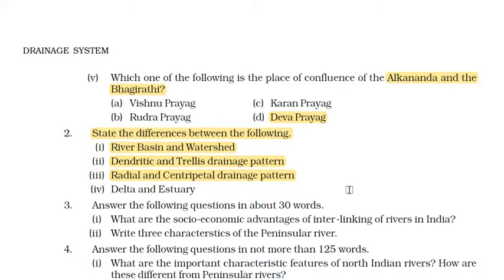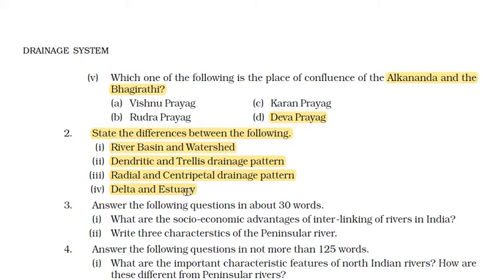Now, this is important, guys: delta and estuary. What is the difference between delta and estuaries? See, delta, you know that it is basically a triangular landmass deposited by the sediments of the rivers at the mouth of a river.